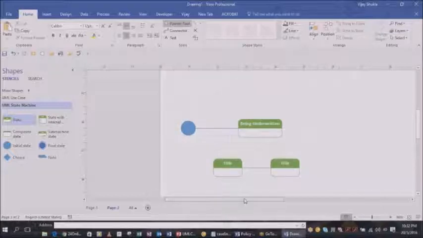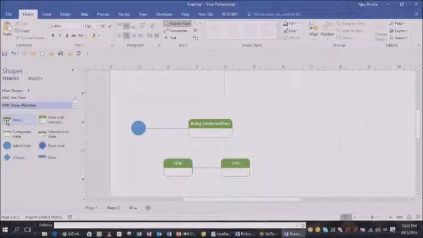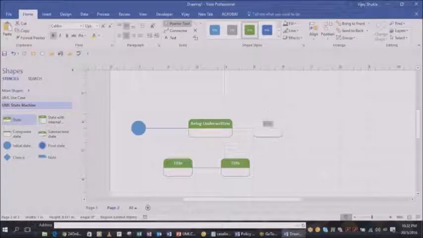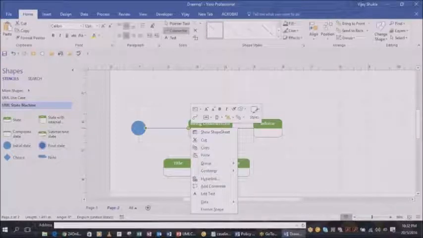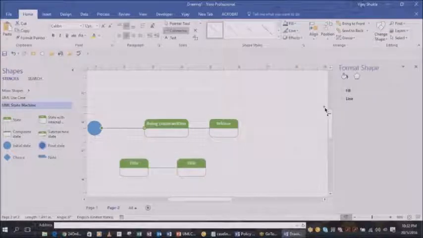So I'll just add that it becomes in force. So a policy which is being underwritten can become in force. I just need to add an arrow or the direction for the arrow. That's what I'm trying to find out.